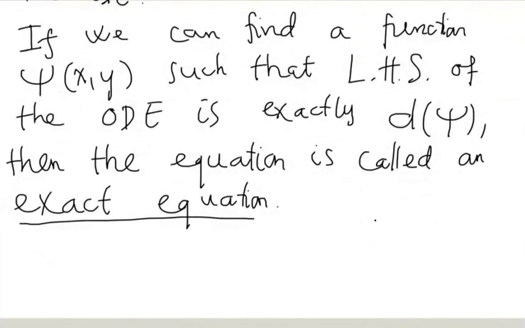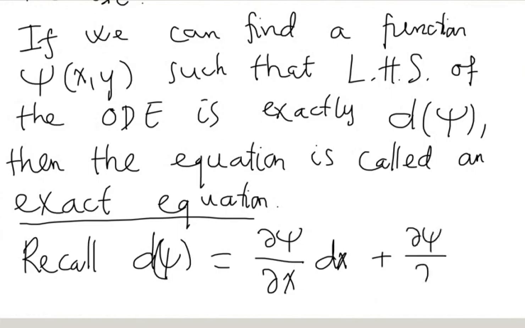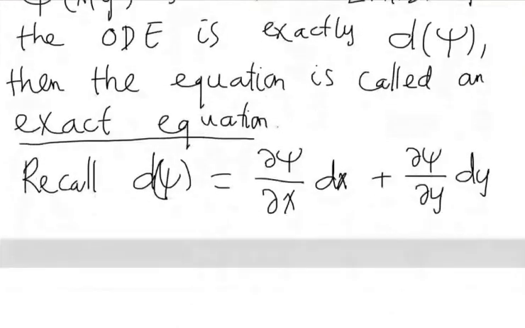So how does this happen? If we want the left hand side of the equation to be exactly d psi, then recall that d psi, the total differential, is partial psi partial x dx plus partial psi partial y dy. That's the total differential.